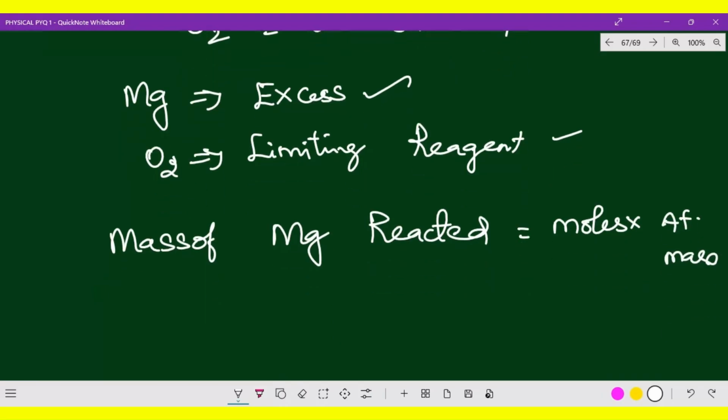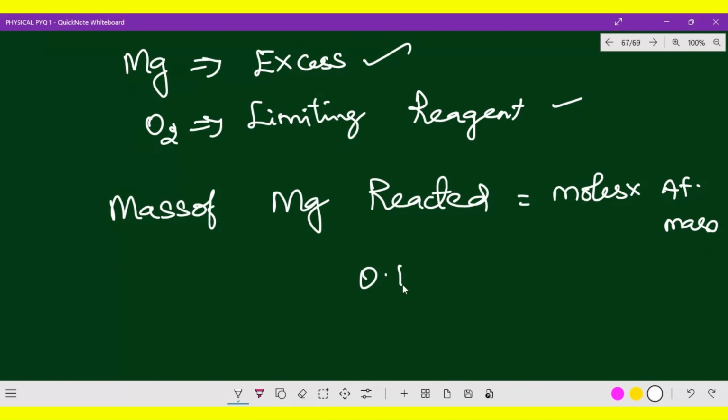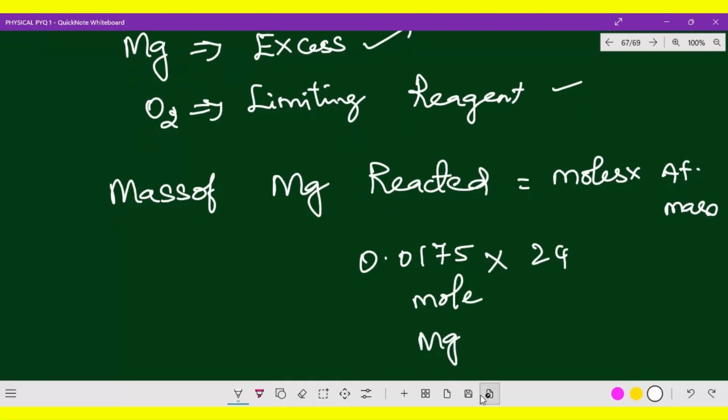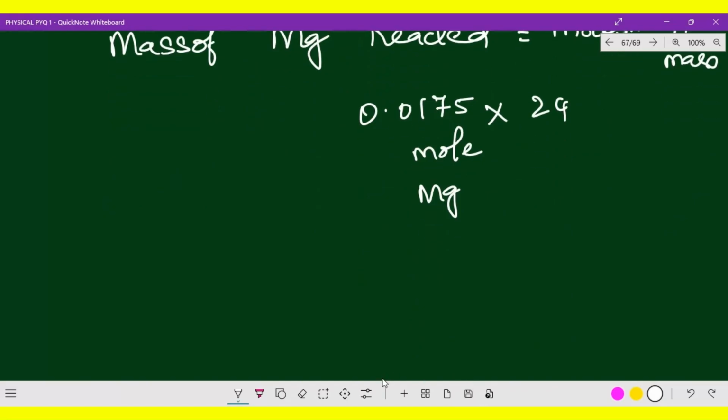The atomic mass of magnesium is 24, and the moles are 0.0175. So 0.0175 moles of magnesium, please note down, into atomic mass 24. When you calculate this, you will get around 0.425 gram.